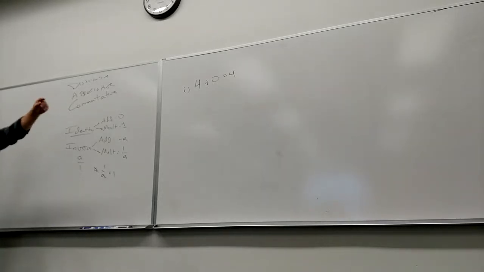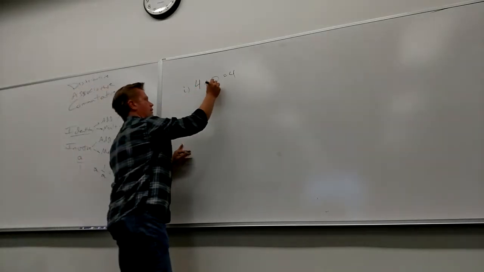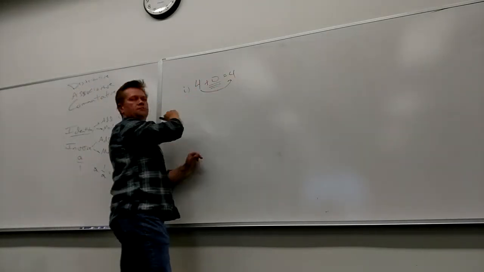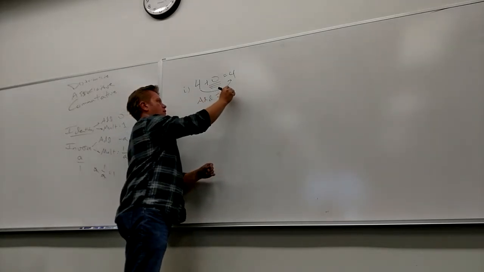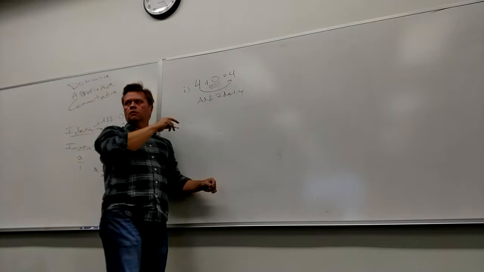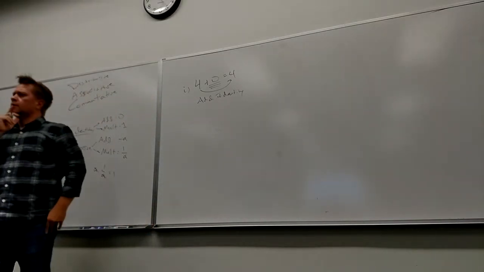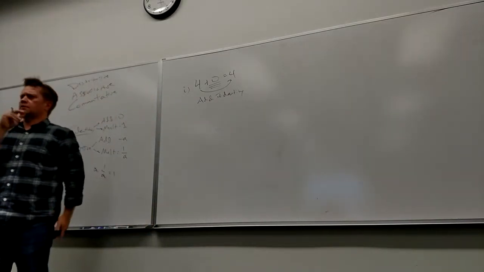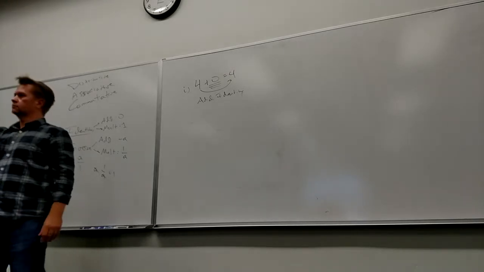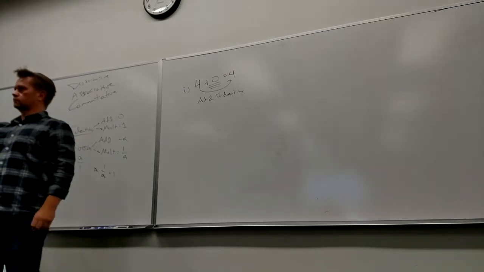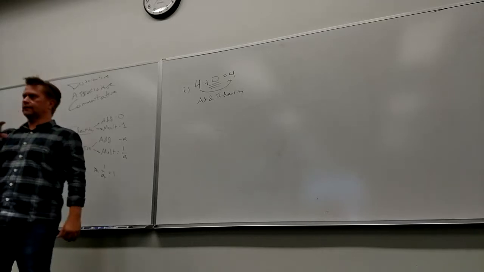Identity? Yeah, it's an identity. It's the additive identity, because I added 0 and the number stayed the same. So additive identity. If you switch it, it'll give you the same answer, but that has nothing to do with the identity. Just if I add 0 to something, it stays the same. That's what that identity is.